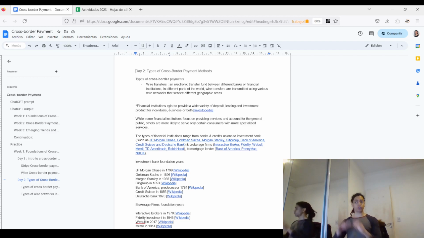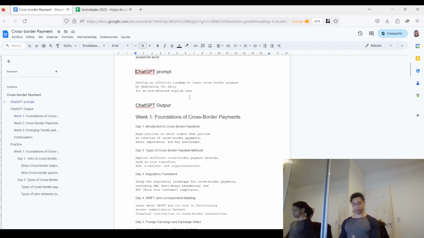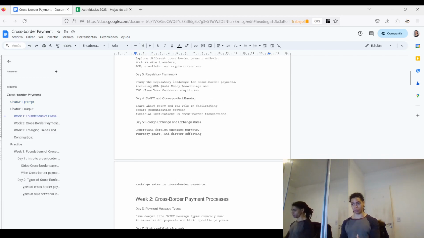So it all started by asking ChatGPT to develop a roadmap, particularly an efficient roadmap, to learn cross-border payments by dedicating roughly an hour daily, for a mid-advanced English user. So it generated this roadmap. Week one is the foundation of cross-border payments.